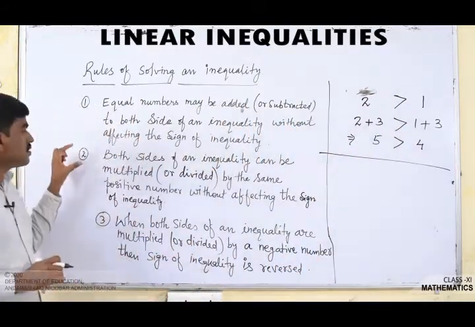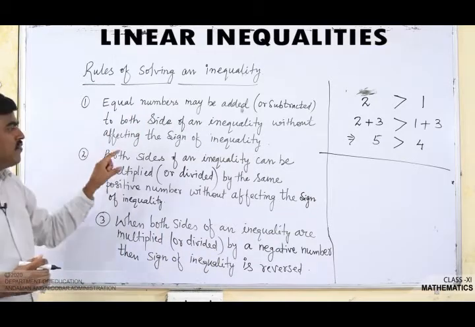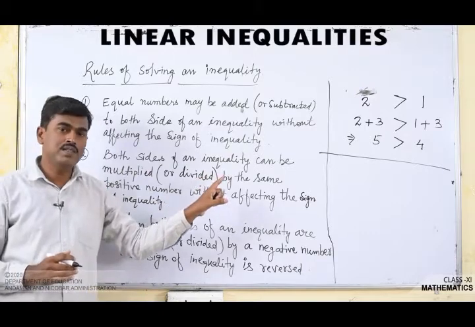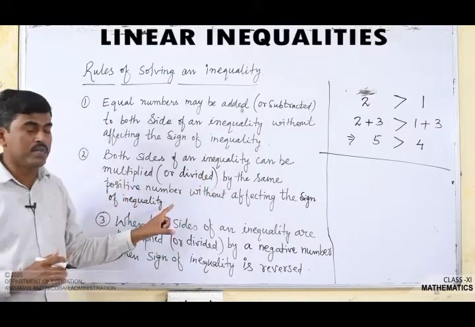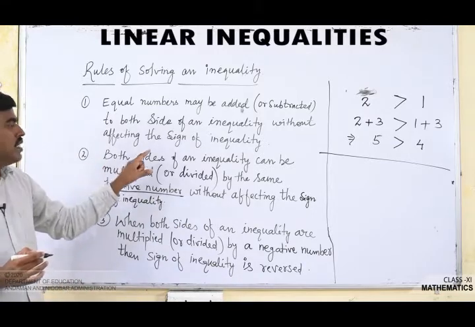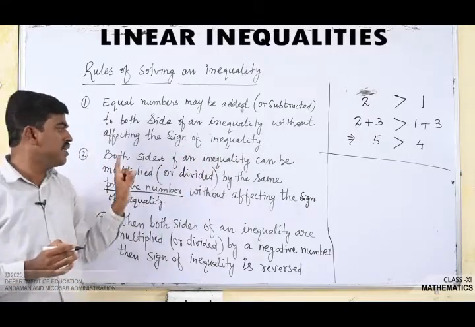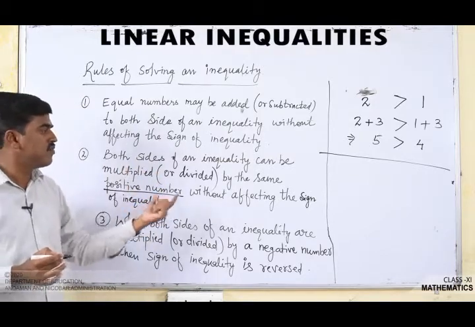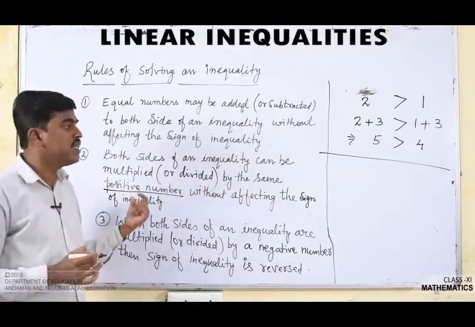The next one is: both sides of an inequality can be multiplied or divided by the same positive number. Here is one important point, that is both sides of an inequality can be divided or multiplied by the same positive number without affecting the sign of inequality.